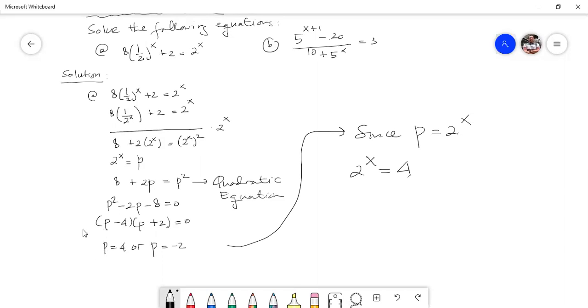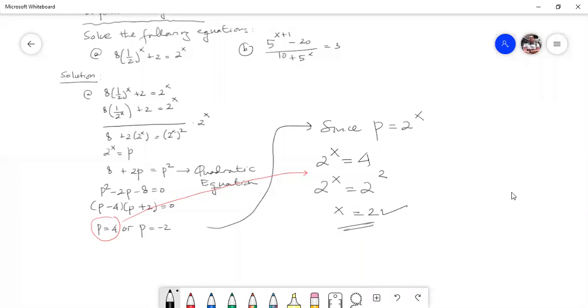When b equals 4, 2 to the power x equals 2 squared. So x equals 2. You got the solution where x equals 2.